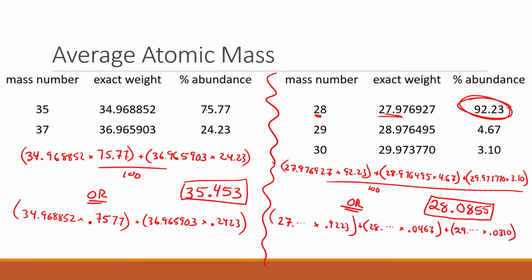Here, mostly 35 with some 37 means it's going to pull me up a little bit, but my average is still closer to 35. The abundance plays a big role in determining it. Just like in school, if you have a lot more hundreds than zeros, your grade is going to be higher. If you have a lot more zeros than hundreds, your grade is going to be lower. The abundance of each grade, the abundance of each isotope, pulls the average towards it.